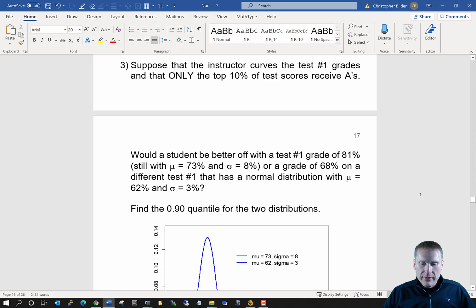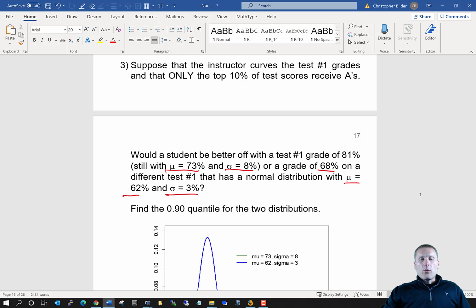Now we have a little bit of application of the bell curve. Suppose that an instructor curves the test number 1 grades and only the top 10% of test scores receive A's. Would a student be better off with a test number 1 grade of 81% when we have a mu of 73%, sigma equal to 8%, or a grade of 68% on a different test with a mu of 62% and the sigma equal to 3%?